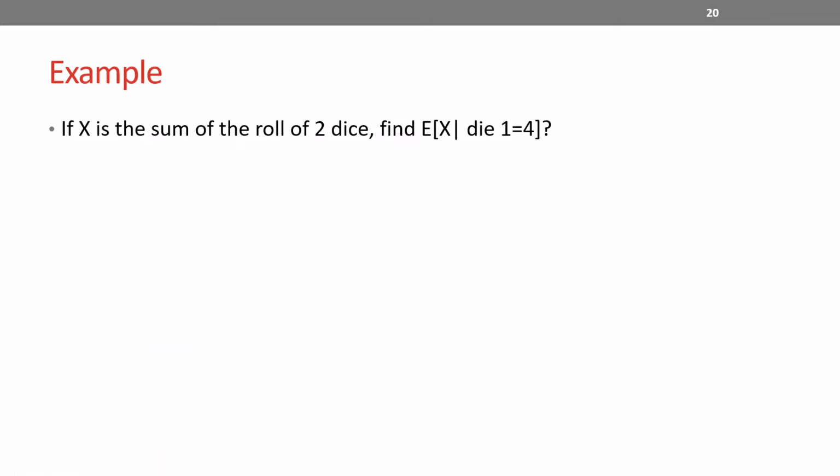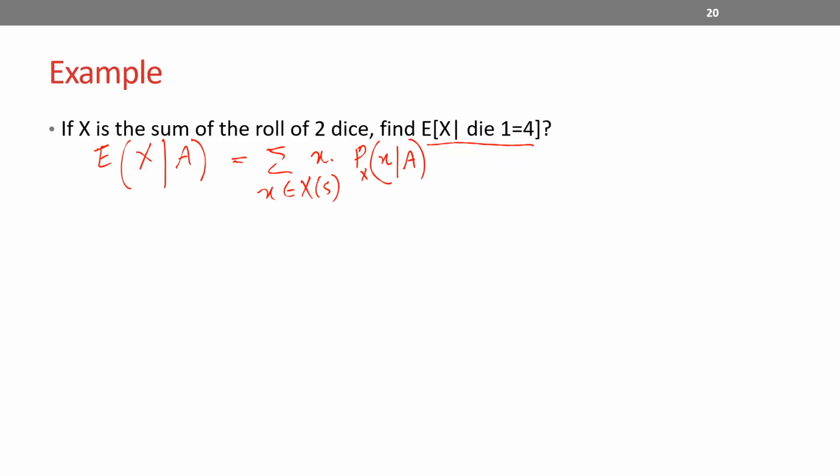Okay, so we are interested in this: if X is the sum of the roll of two dice, find the expected value of X given that die 1 is equal to 4, right? So here, instead of finding E of X, I'm interested in finding E of X given A. Okay, and so the formula for that, just a quick reminder, is the sum of x over all values of x in the sample space S times the conditional probability distribution function for this particular case, right?